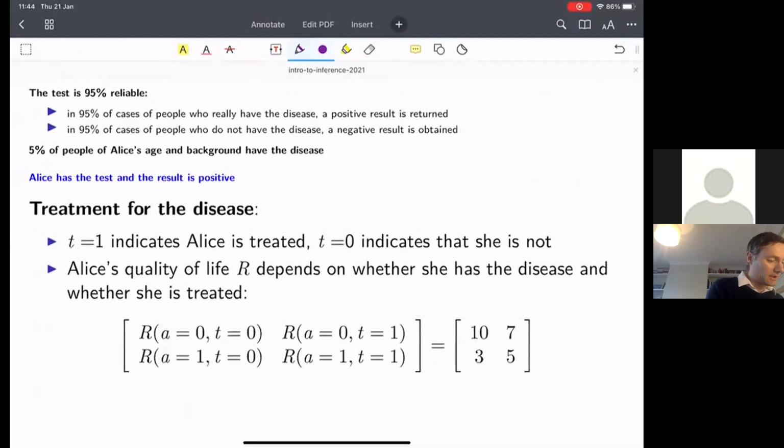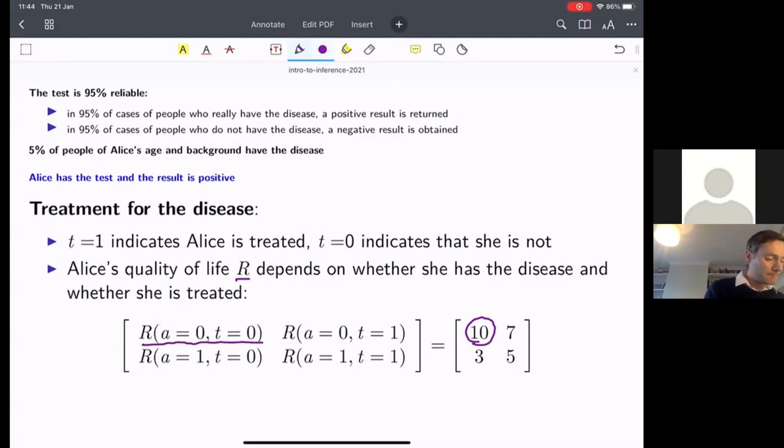So here, R is going to be the quality of life. R is going to stand as a proxy for reward. And if you don't have the disease and you have no treatment, you're going to be at your maximum 10 quality of life units. You're going to dawdle along just like normal, with no change.